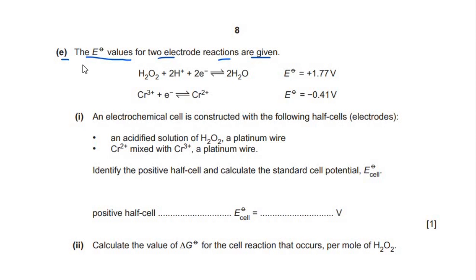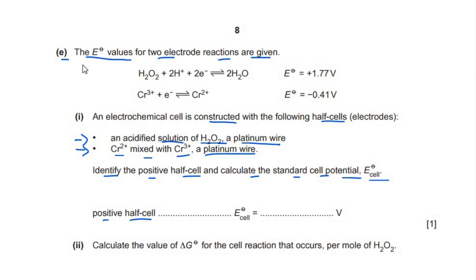The question following is, an electrochemical cell is constructed with the following half cells: an acidified solution of hydrogen peroxide and a platinum wire, and chromium 2 plus mixed with chromium 3 plus and a platinum wire. Identify the positive half cell and calculate the standard E cell, that is the electrode potential value of the cell made by combining these two half cells.